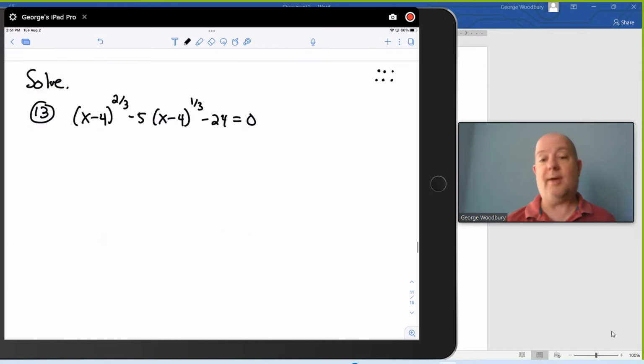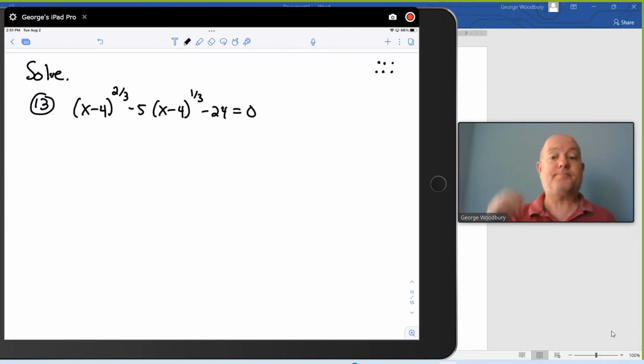I've got 4 examples teed up here, one of the basic 4 flavors that you might see. So here, what we're really looking for, there are 2 terms that have variable parts to them. x minus 4 to the 2/3, x minus 4 to the 1/3. What we need to find is the middle term, the one that if you square it, you'll get the other term.